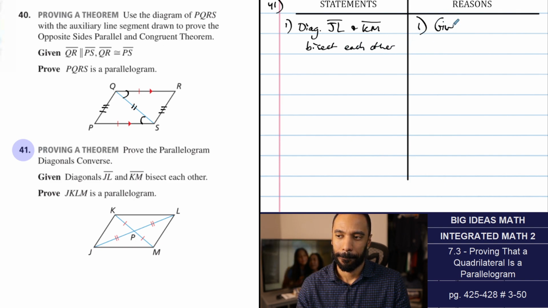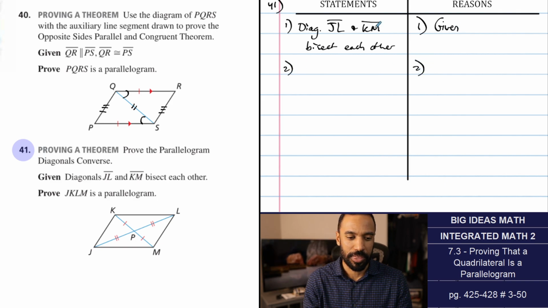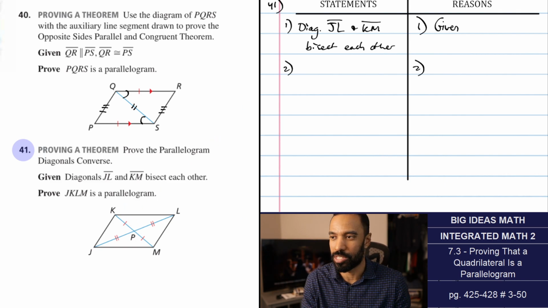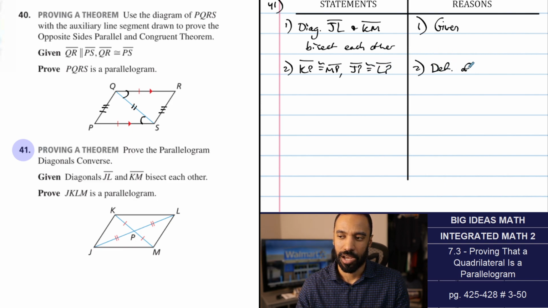Normally, we would make the markings for ourselves, but they're already made for us. That's why I thought that would be our given. So now I've got to say segment KP is congruent to segment MP, and JP is congruent to LP. This is the definition of segment bisectors.